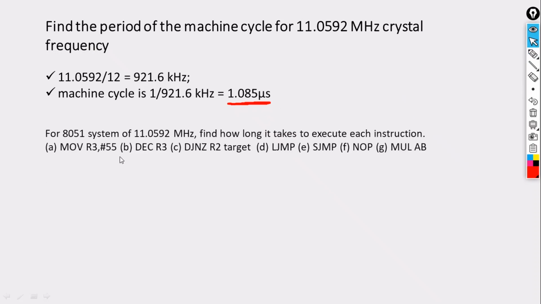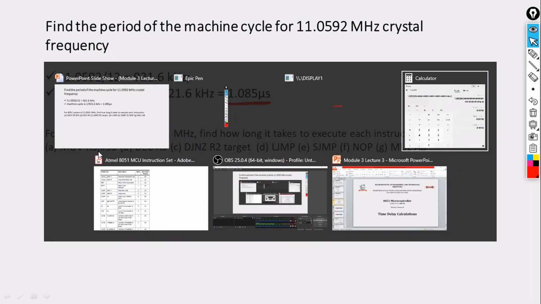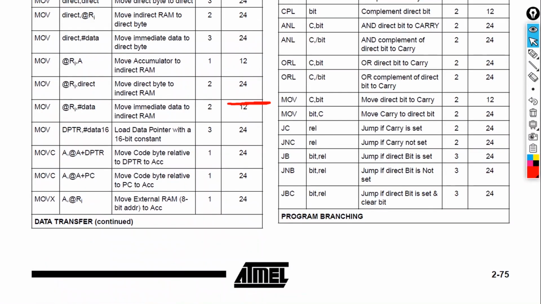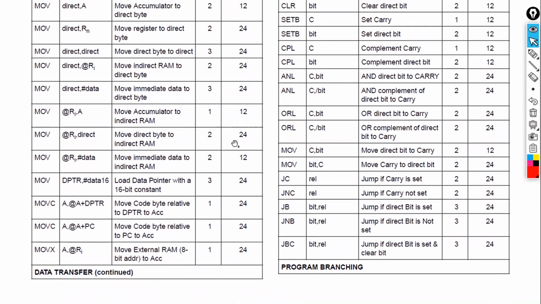Now for a system with an 11.0592 megahertz clock frequency, which is what they have given, they have asked us what is the time required to complete these particular instructions. Now look at MOV R3, #55.